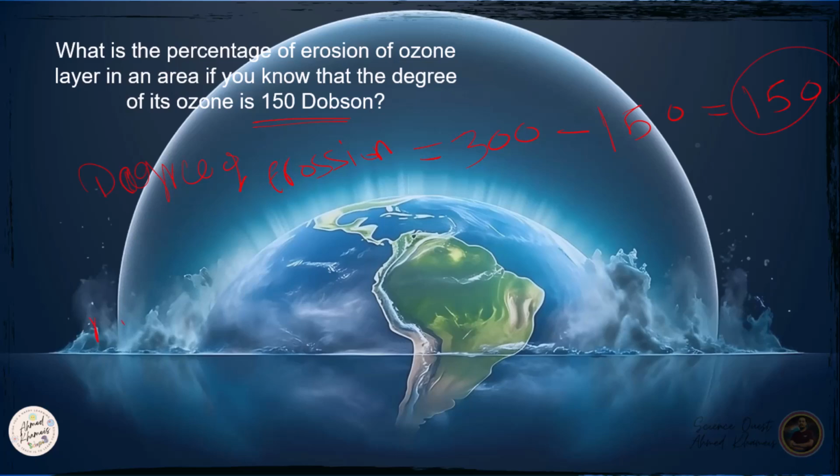Then the ratio of erosion equals the degree of erosion, 150, over the normal degree, 300, multiplied by 100, which equals 50%.